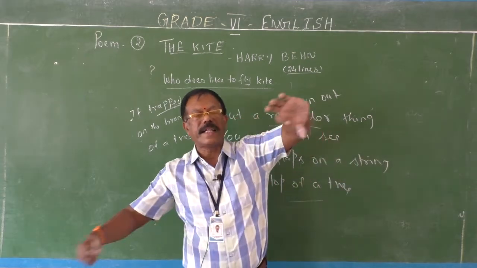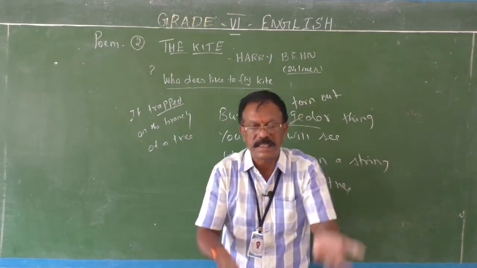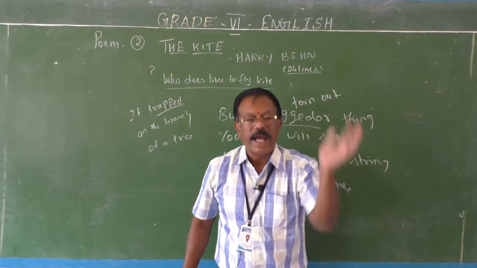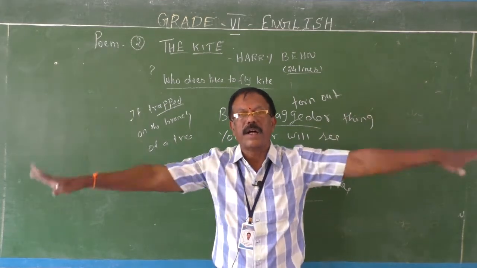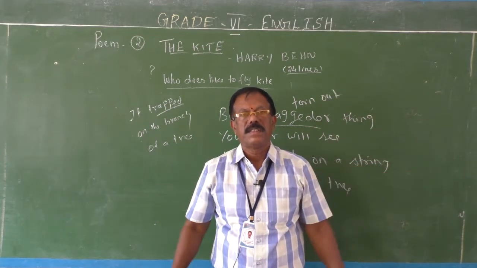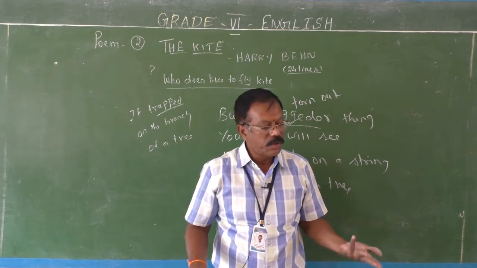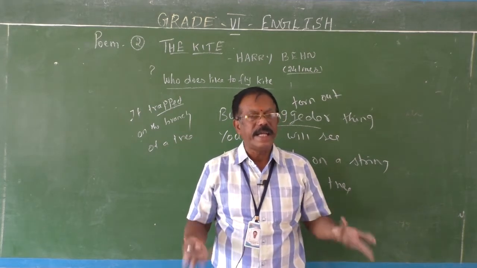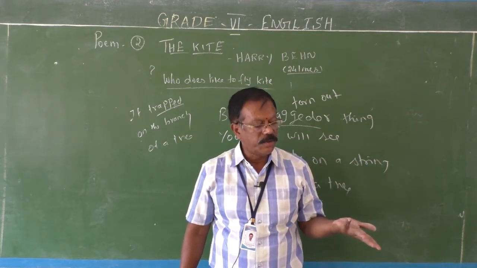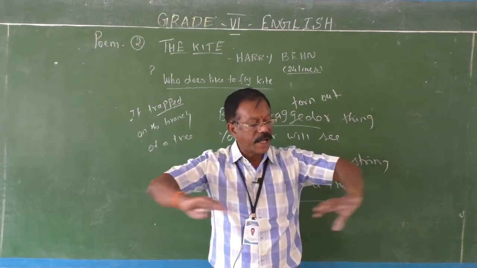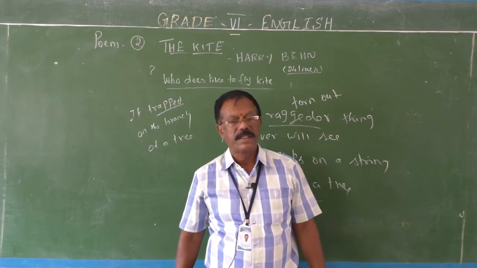So when the string attached with it cuts off, then it comes down and falls on the top branch of the tree. It was torn out. Okay, so now it appears very ugly. It looks so dirty and unattractive after it gets trapped on the branches of the tree.